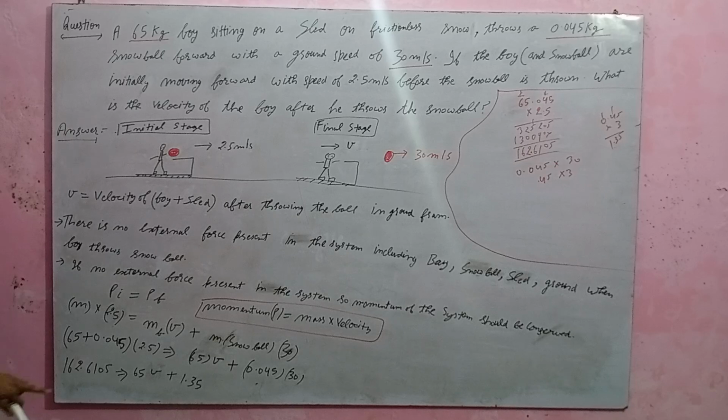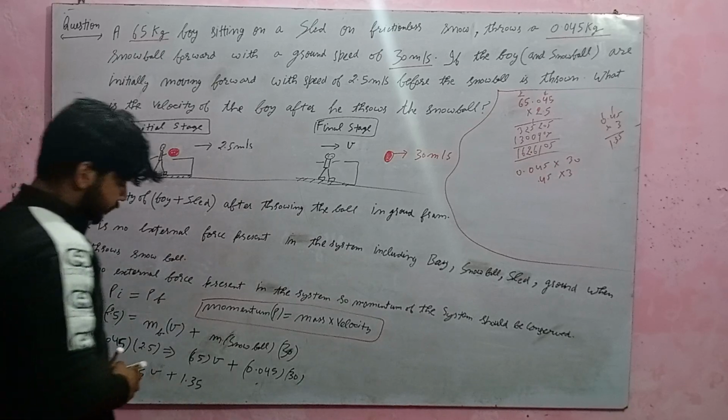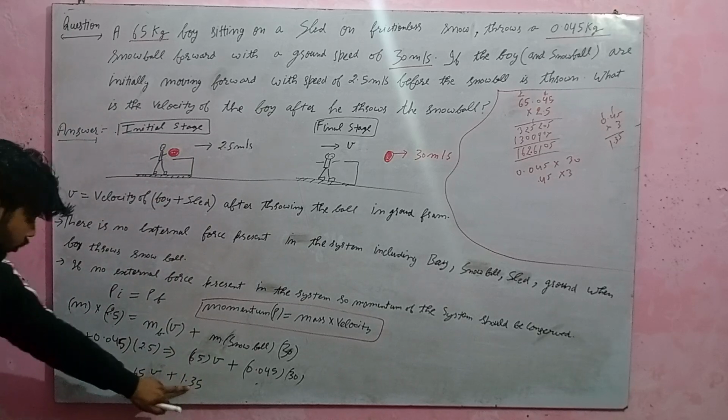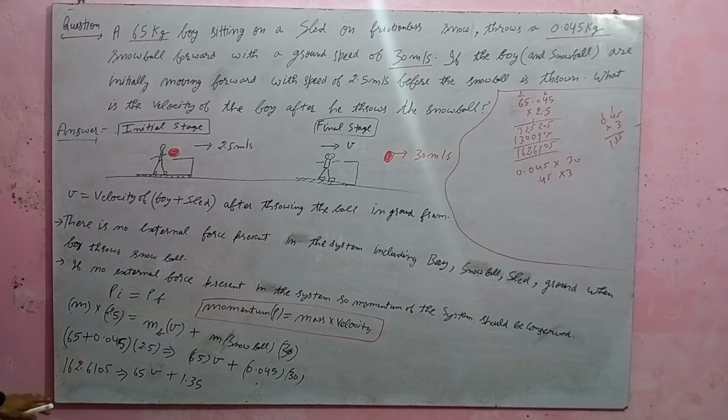Done. Now after this, the 1.35 moves to the left-hand side and 65 moves to the denominator side.